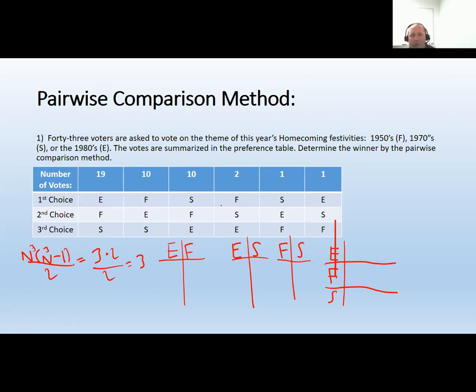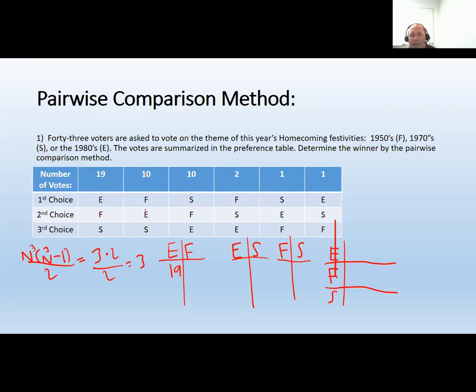The way to determine who wins each head-to-head matchup is to calculate how many voters prefer one candidate over the other. For example, comparing E and F, these 19 votes all preferred E over F, so E gets those 19 votes.